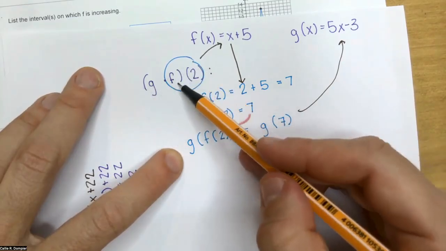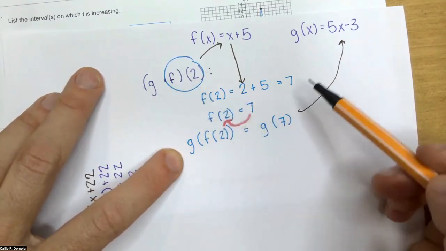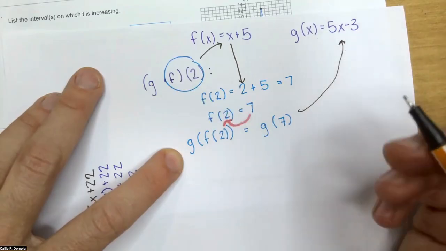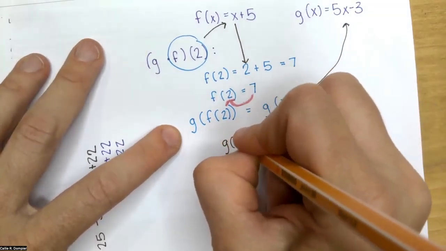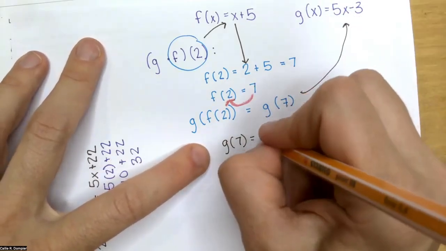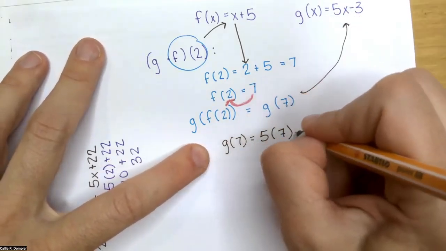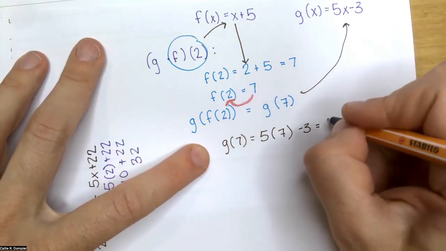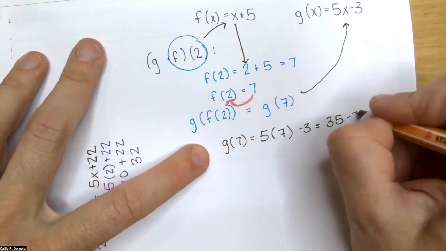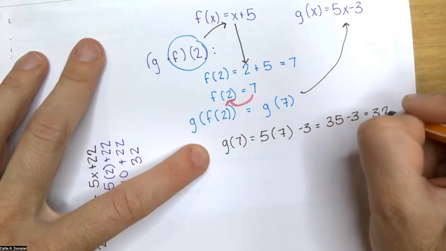So g of f of 2 is g of 7. Now I'm going to replace the x with the 7. So g of 7 equals 5 times 7 minus 3. 5 times 7 is 35 minus 3, which is 32.